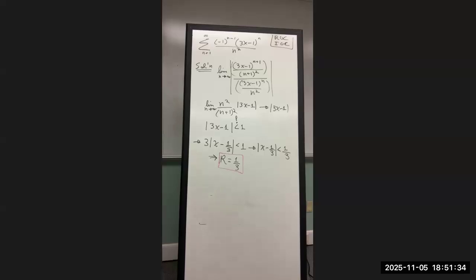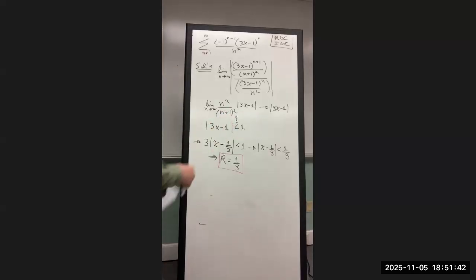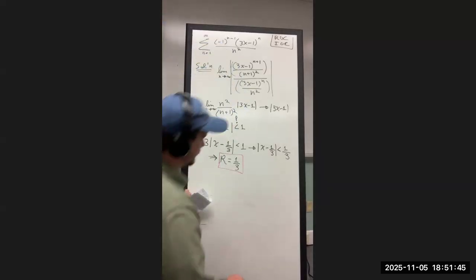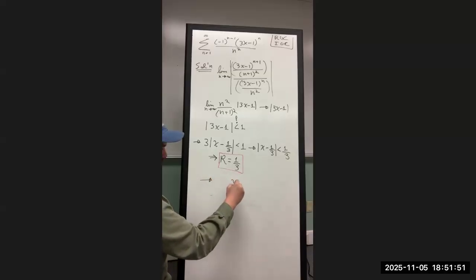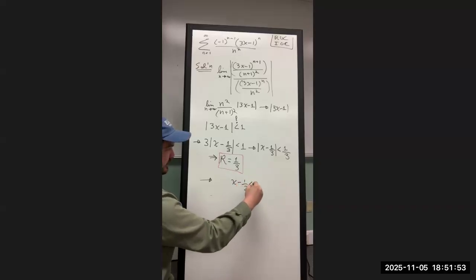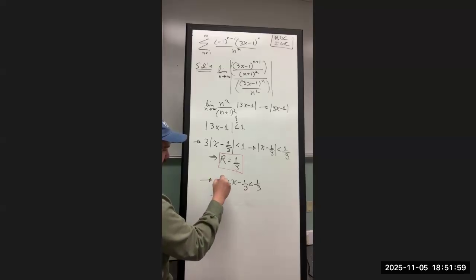Now we need to find the interval of convergence. So we're going to break up this inequality and get it down to something just in terms of x. I can break it up like this: x - 1/3 should be less than 1/3, and x - 1/3 should be greater than -1/3.